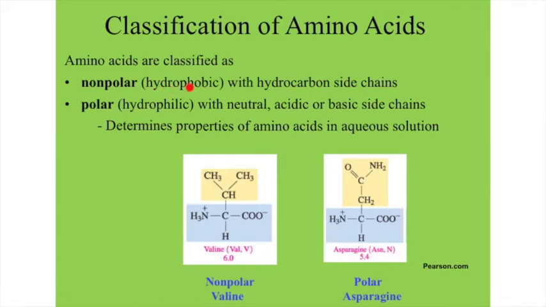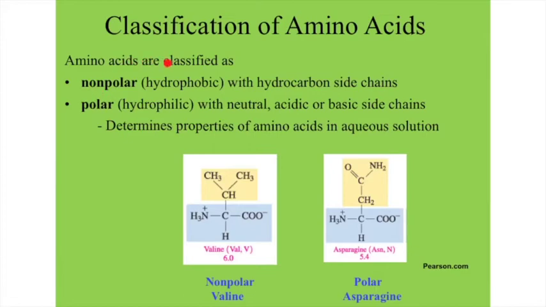And so hydrophobic means water-fearing. If you're not soluble in water, you're going to be a hydrophobic molecule. And so most of the bonds are going to be hydrocarbon bonds, CH bonds. You do have some there that are still nonpolar, but they contain a heteroatom, such as methionine and tryptophan.